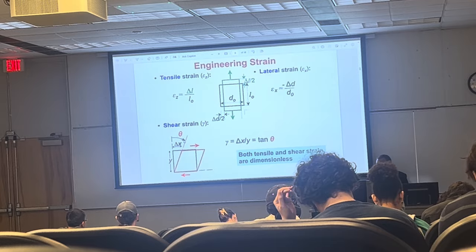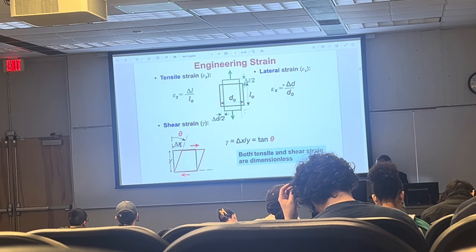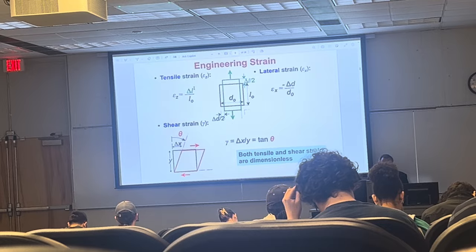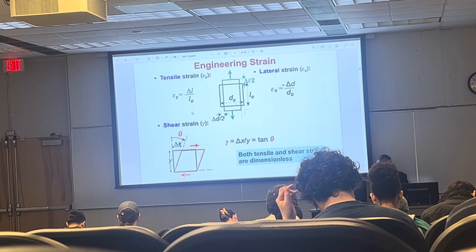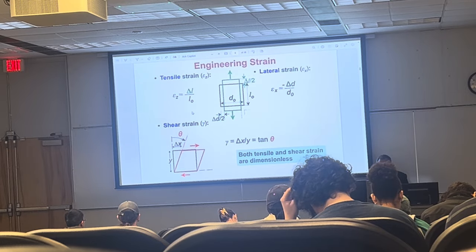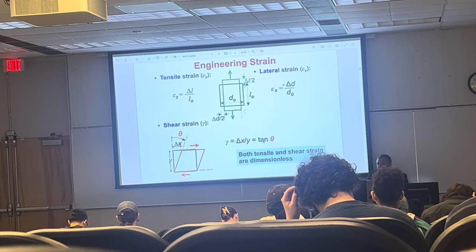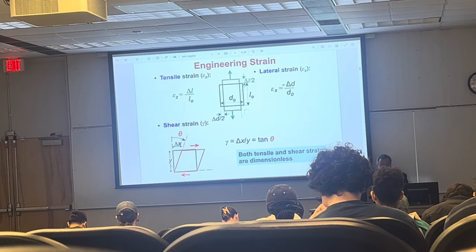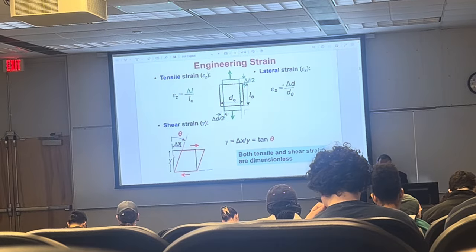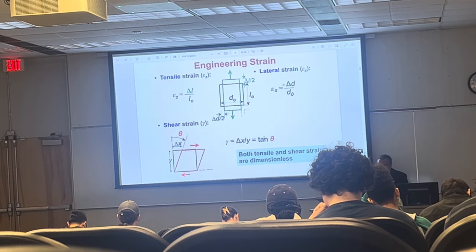You can see that both tensile and shear strains are dimensionless. They don't have dimensions, because here we have length divided by length. Now this is actually the definition of the tangent function. It's the opposite side to the next side. So delta x over y. That's the definition of this thing.